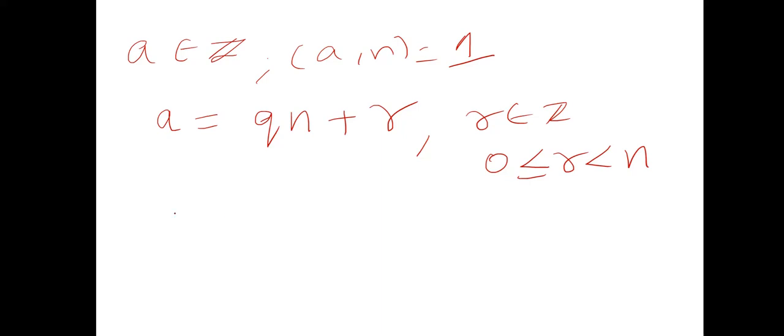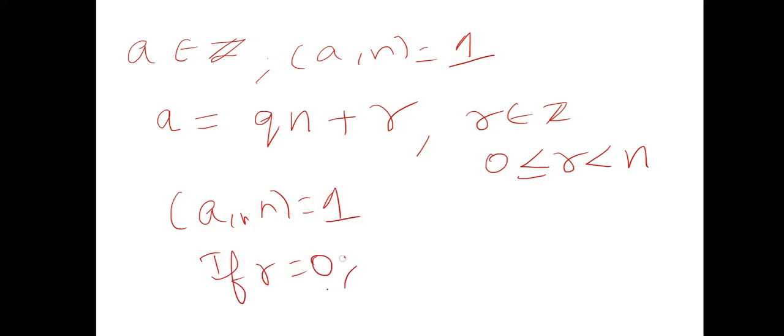Now listen, we have GCD of A and n equal to 1. If R is equal to 0, then A is equal to Qn. That implies n will divide A, and n will divide itself.